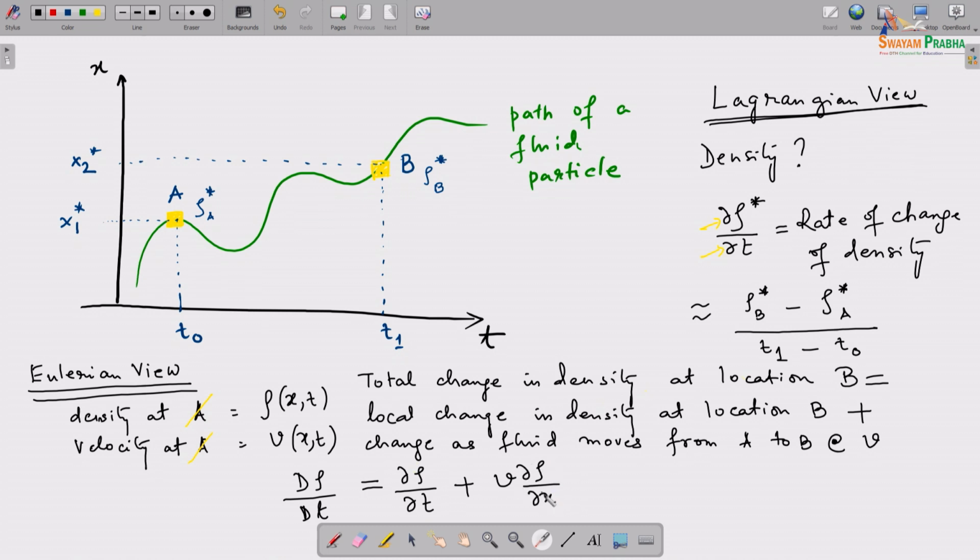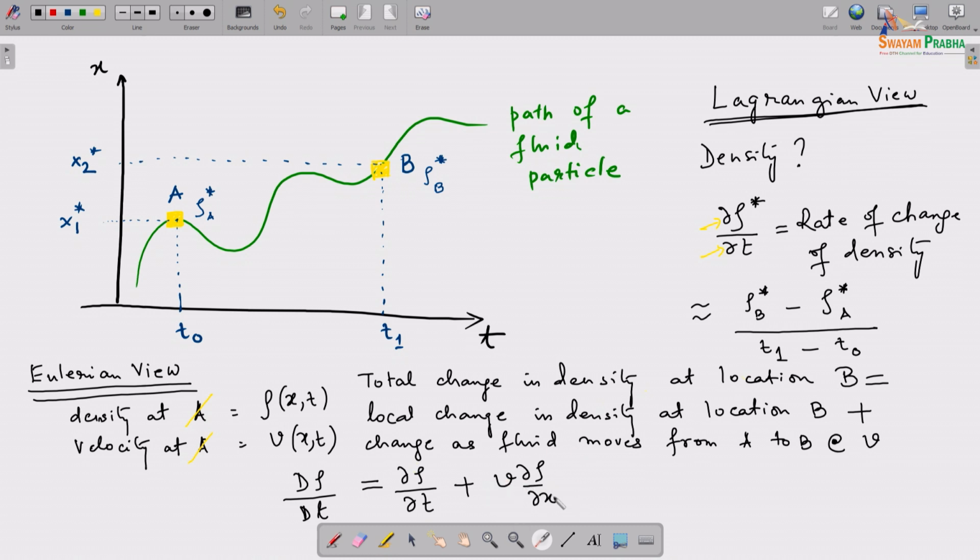There is a change in the density as I move in x, right, but at what rate? That is the velocity which decides that, right. So now what are the units of this first term? It is kg per meter cube per second, is that right? Now here what is this? Del rho del x is kg per meter cube per meter, and velocity is meter per second.